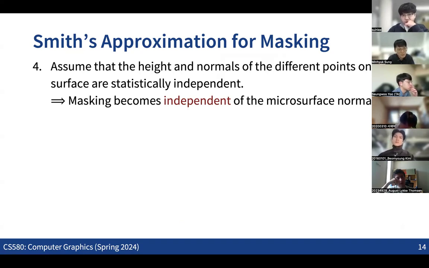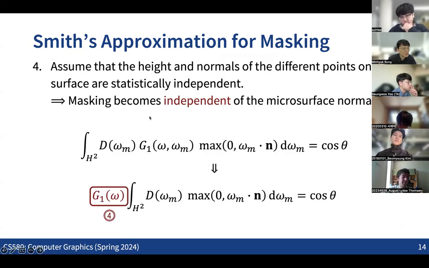So when you have this very strong assumption, we can also assume that the masking becomes independent of the microsurface normal, which means that now we can remove this omega m term here. Then we can take this G term out of the integral like this. So this is the Smith approximation that was introduced in 1967.